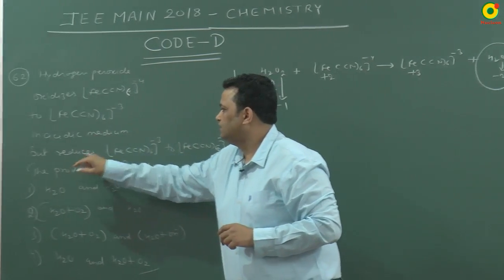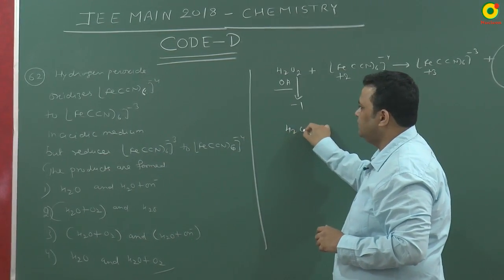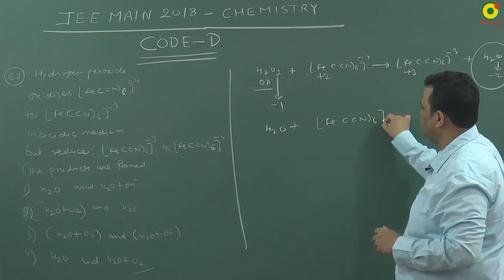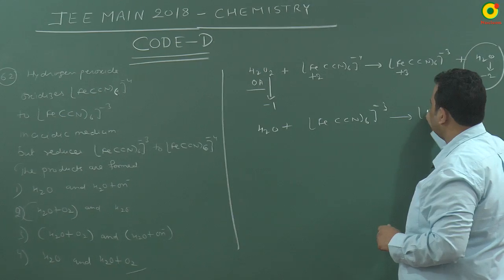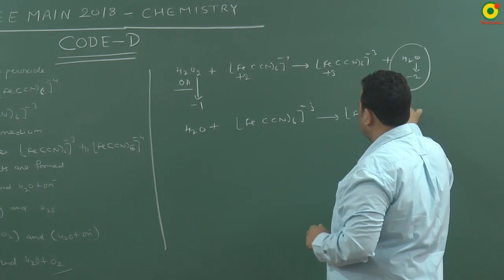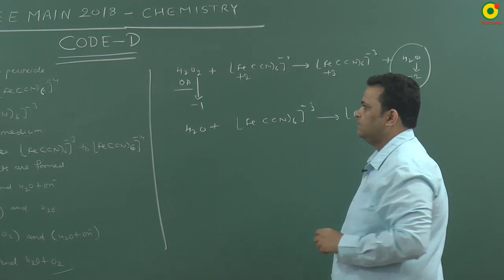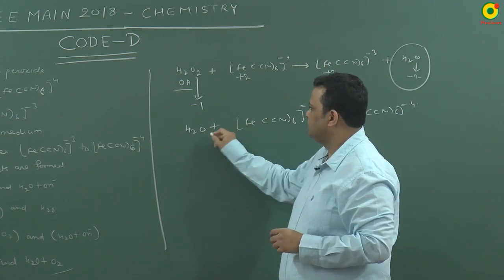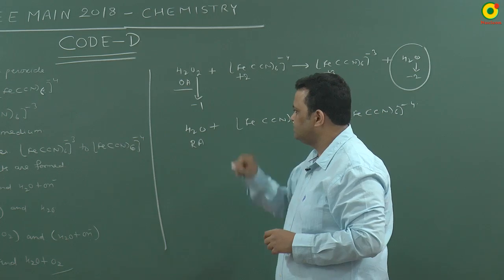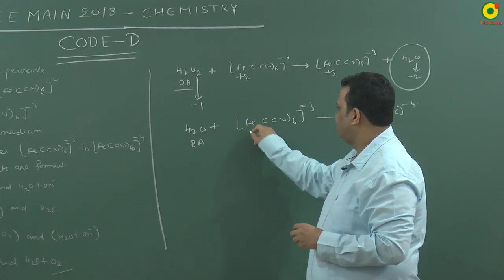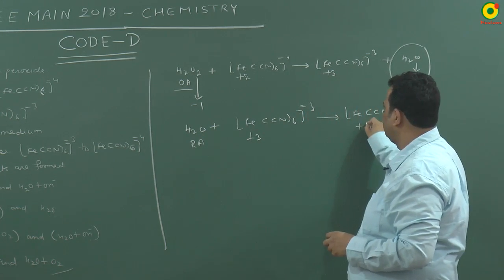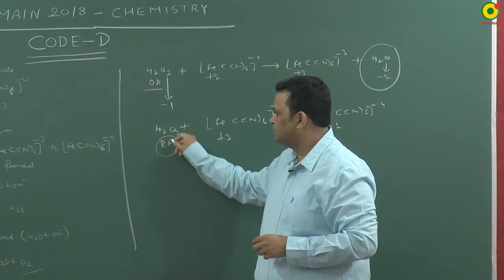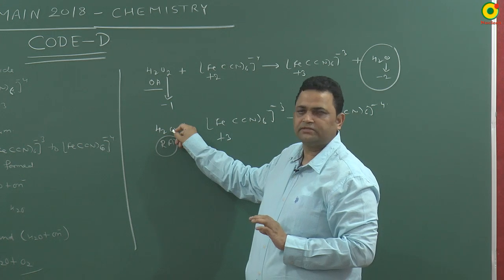In the second option, H2O2 is reducing Fe(CN)6 3- into Fe(CN)6 4-. Here H2O2 is working as a reducing agent, since iron is converted from +3 to +2 state. So when H2O2 acts as a reducing agent, its oxidation takes place.